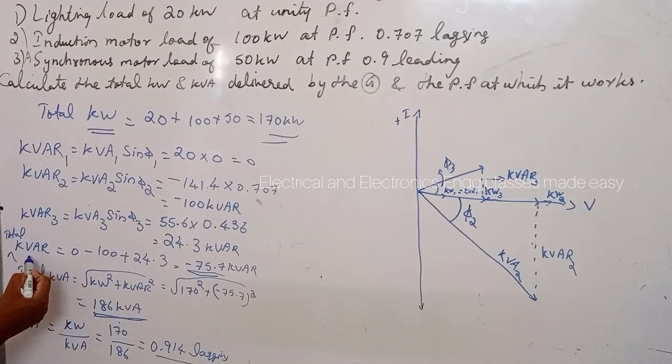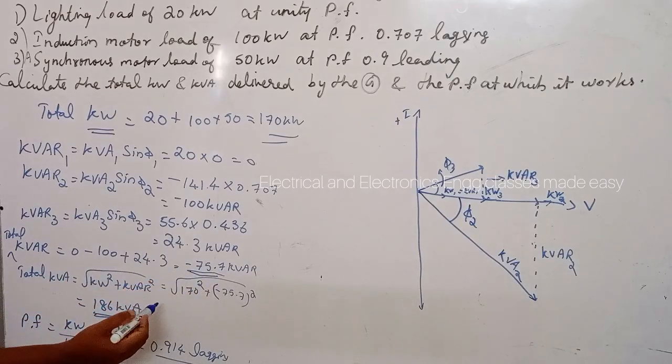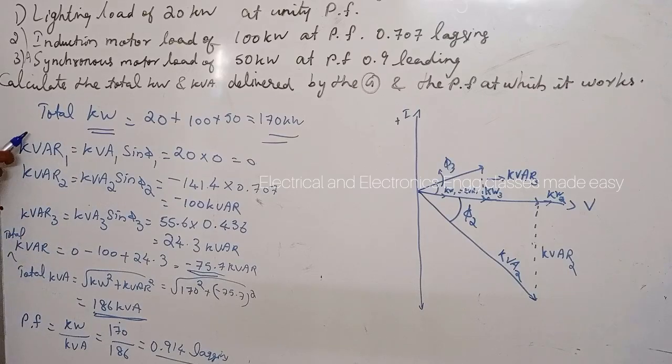Because here the total kVAR is negative 75.7 kVAR, so the power factor will be lagging. So in this way we are calculating the total kVAR, total kW, then total kVA, then power factor in the case of power factor correction or power factor improvements.